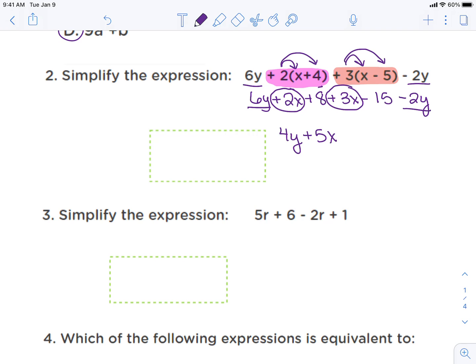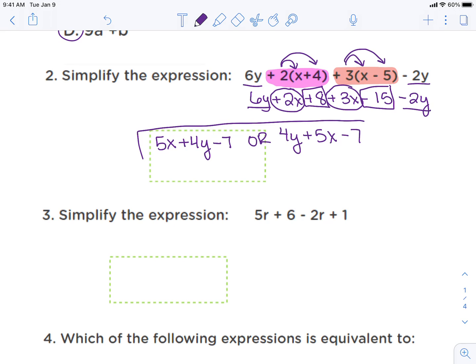Then I have an 8 and a negative 15. 8 minus 15 is a negative 7. So that would be my final answer. Now just know you may see it where the 5x is written first if it's a multiple choice answer. But either one of these is accepted if it's a free response because they are exactly the same. So either one works.